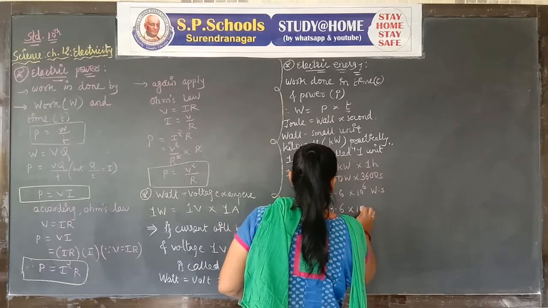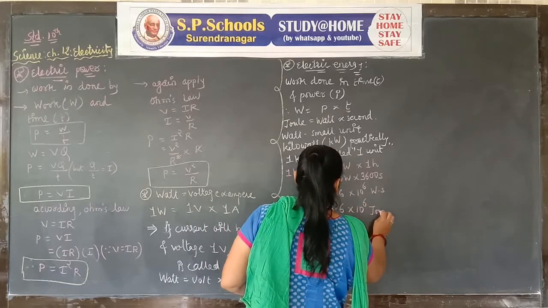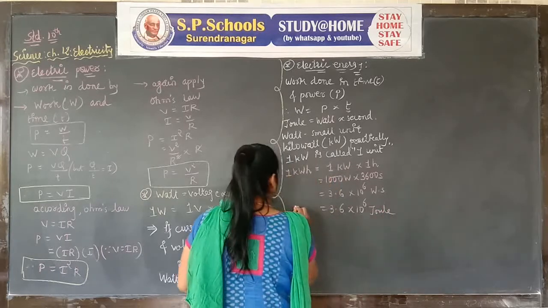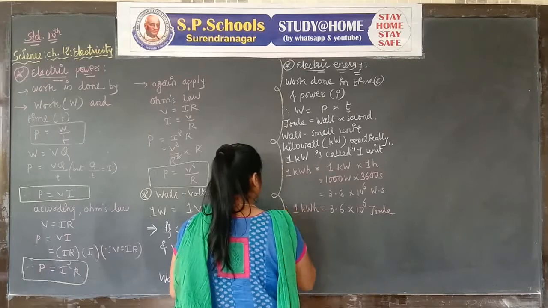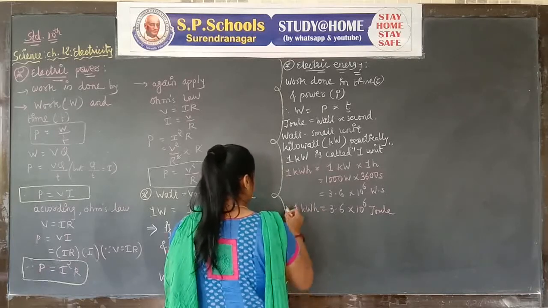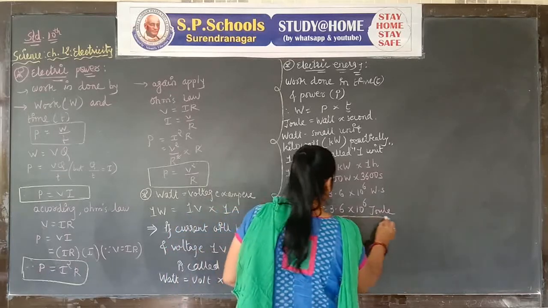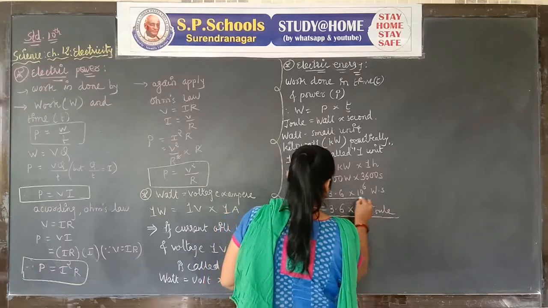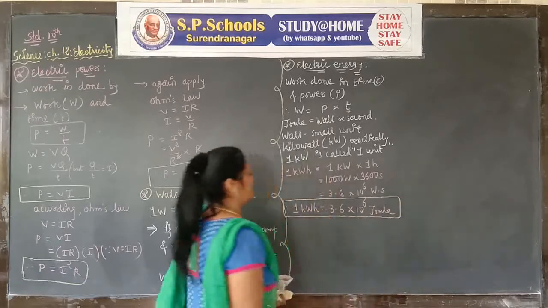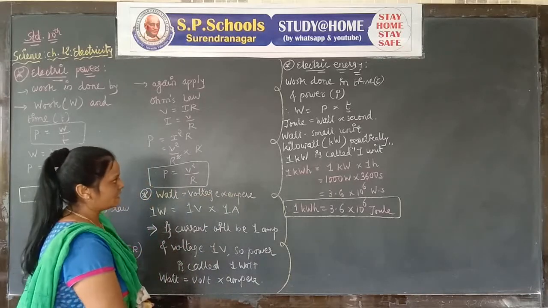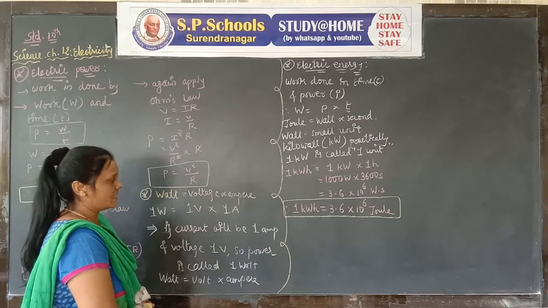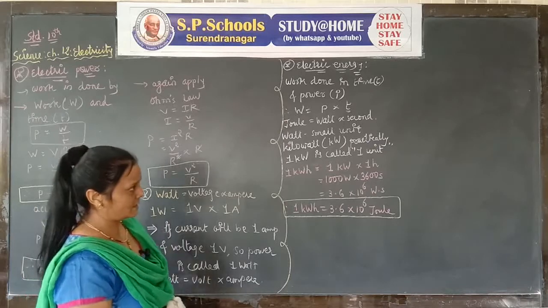So 1 kilowatt hour is equal to 3.6 into 10 raised to 6 joule. This formula is used in examples and theory also. It is helpful in theory and examples.